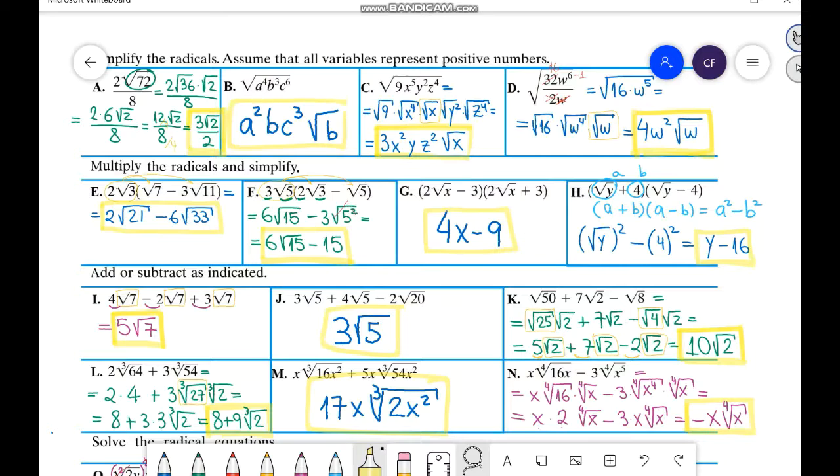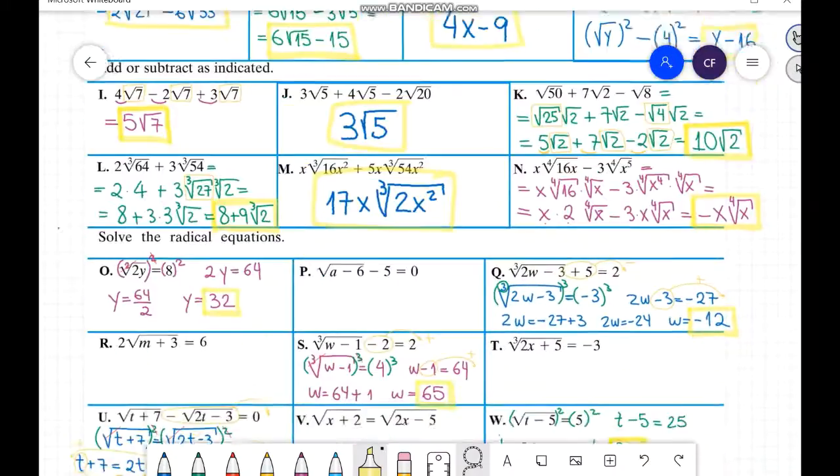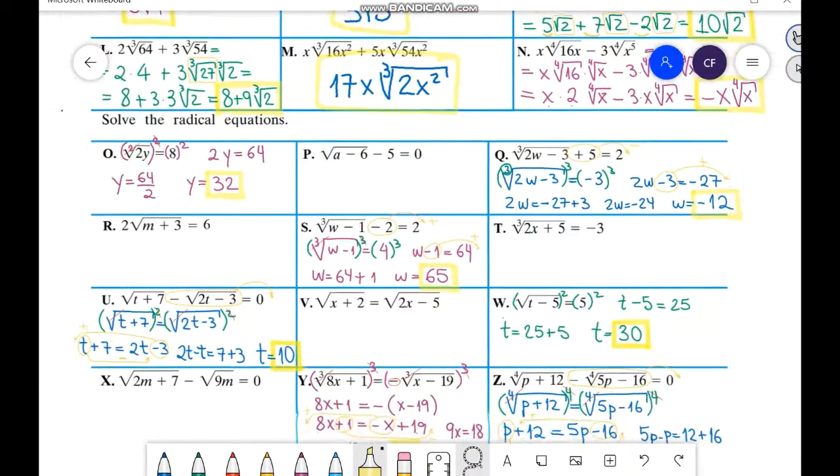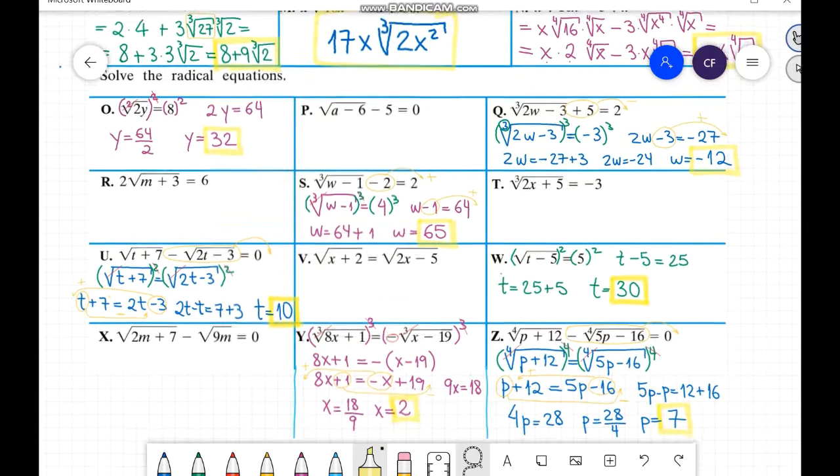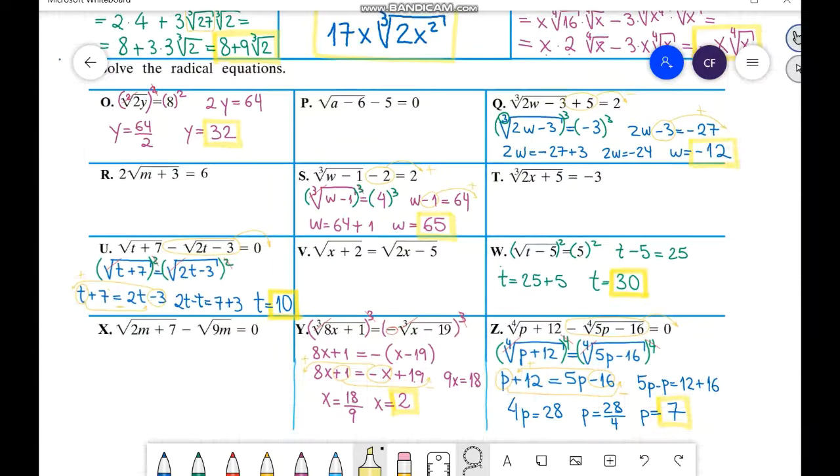Now, next step, let's show the other questions from O to Z. Letter P, a equals 31. Letter R, m equals 6.